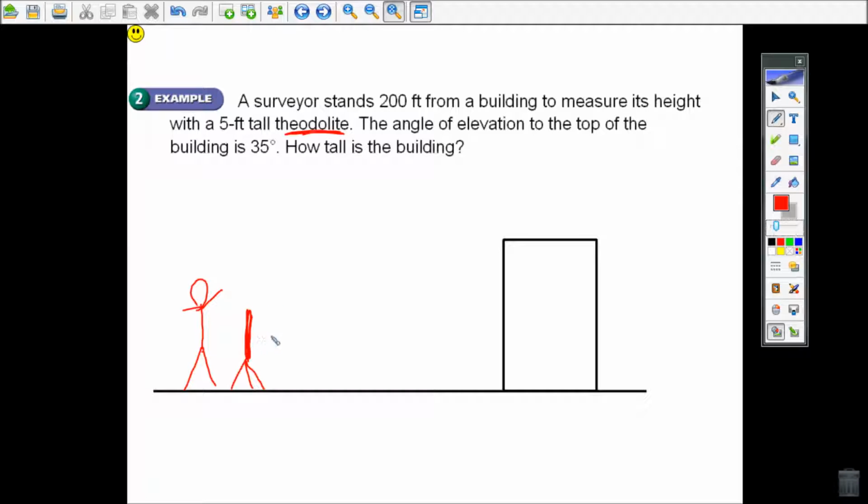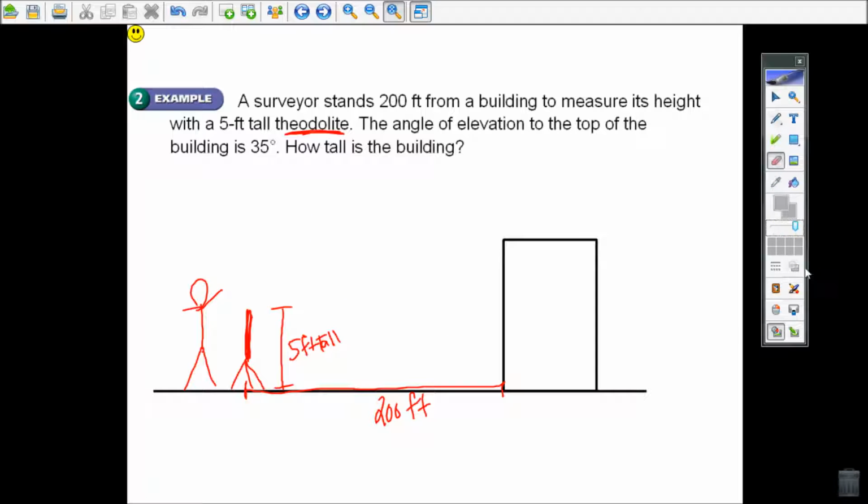So it's telling you that this is 5 feet tall. The surveyor stands 200 feet from the building, so from here to here is 200 feet. The angle of elevation to the top of the building is 35 degrees.